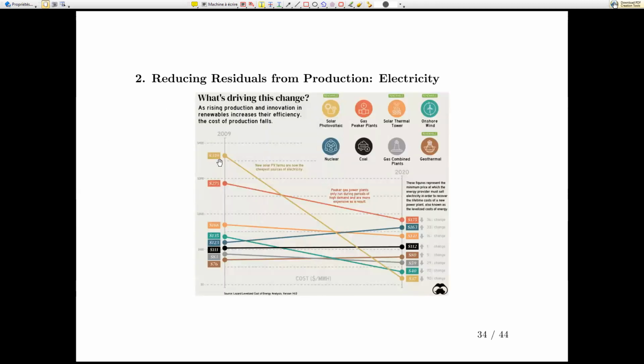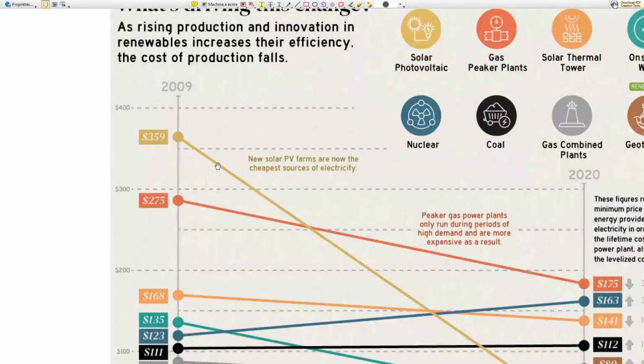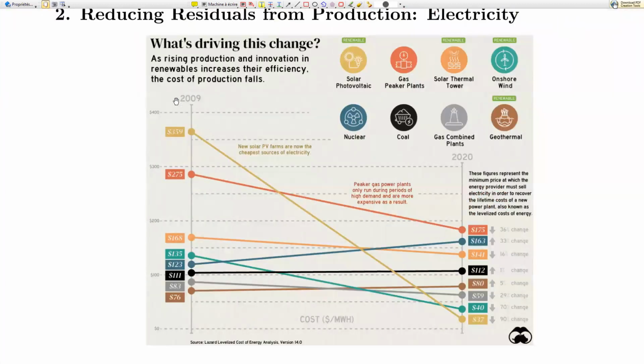It used to be the most expensive. Just in 2009, so that's yesterday, it's 13 years ago, photovoltaic solar was the most expensive source of energy production.